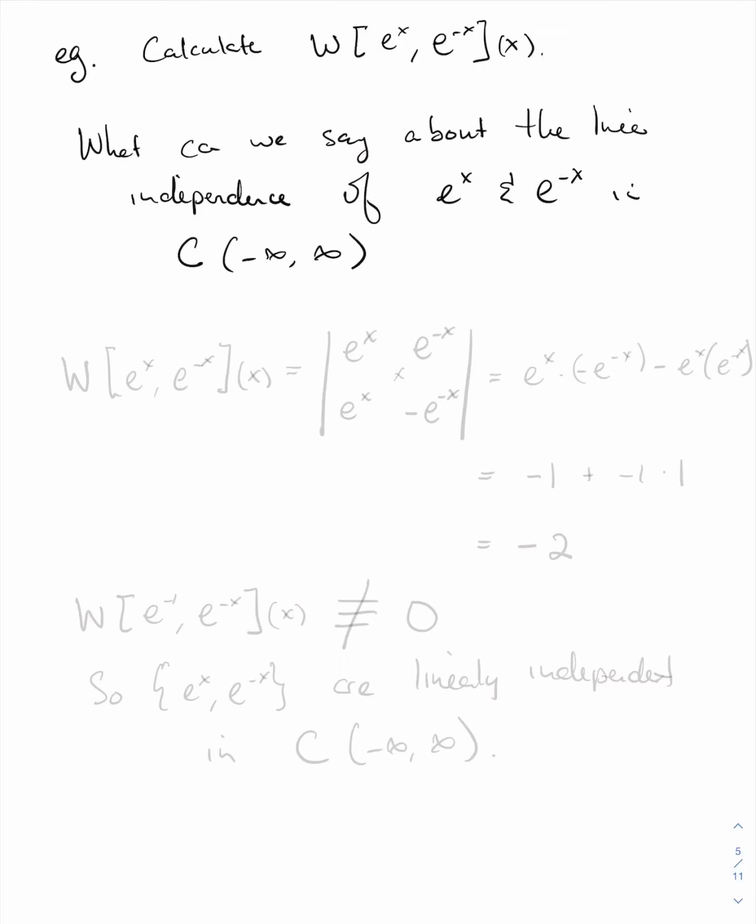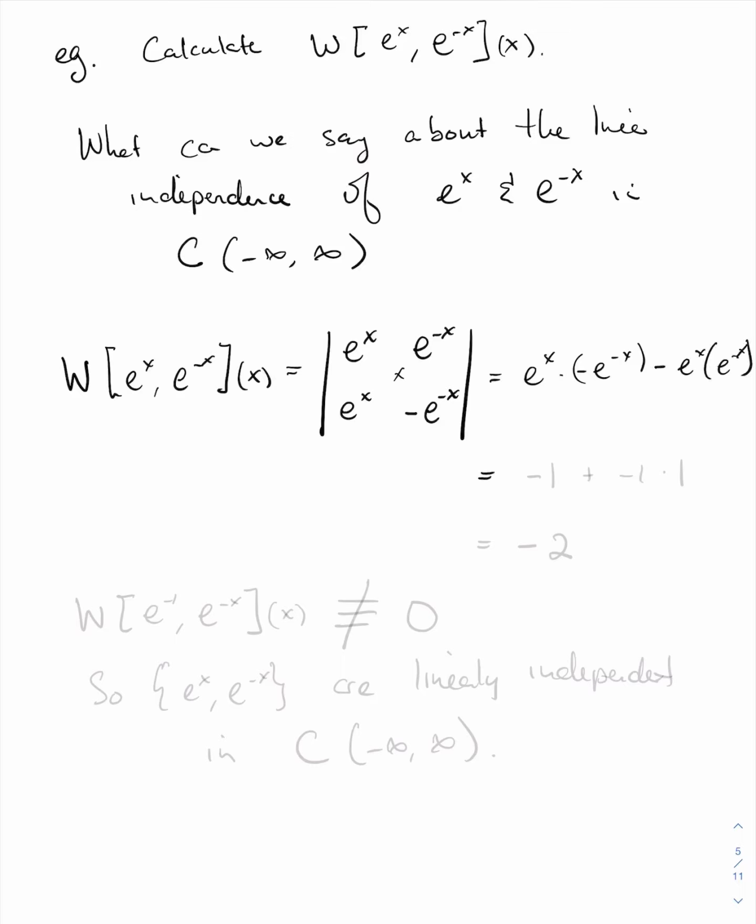Well, let's do it. The Wronskian of e to the x, e to the negative x, as a function of x, is going to be the determinant of a matrix. Here are our originals. Then in the second line, we're going to have the first derivative of each. So we're going to have e to the x and negative e to the negative x. This, by finding the determinant, is e to the x times negative e to the negative x minus e to the x times e to the negative x.